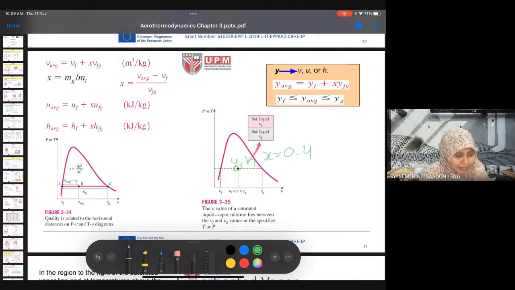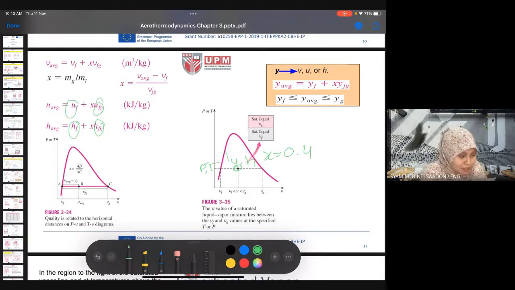We can look at the thermodynamic table, Table A.4 or A.5. We look at the pressure and temperature at this point, and search the table for Uf or Hf and Ufg or Hfg at that pressure or temperature value.